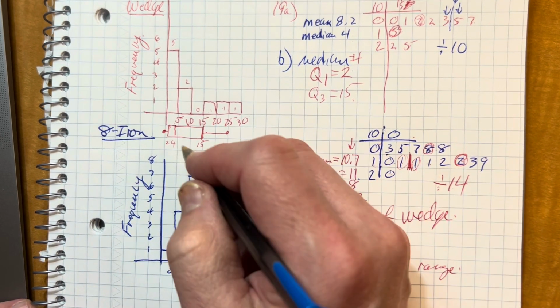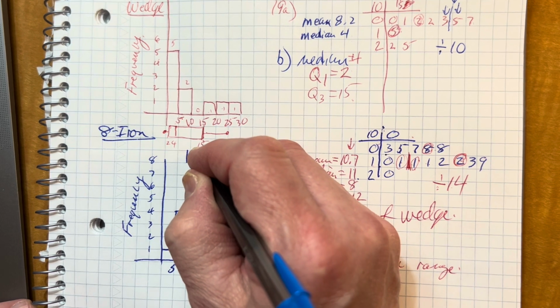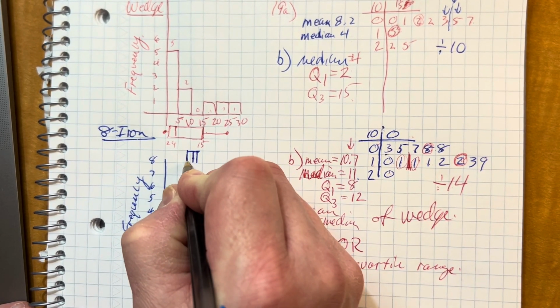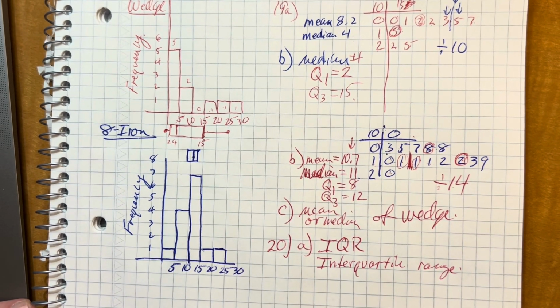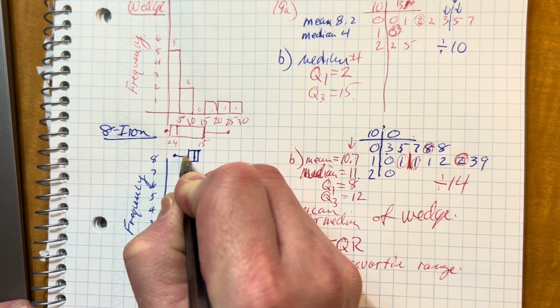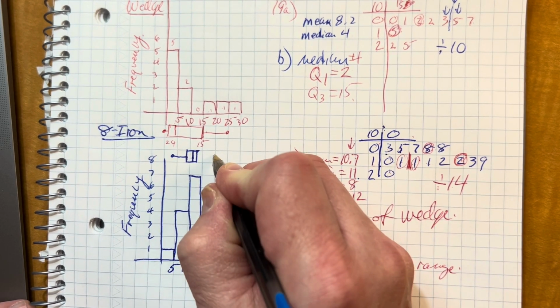And Q3 is 12. 11 to 12, that's only one spot away. There you go, there is my box. Boy, that's a tiny box. Now my lowest number was 3, so I'm going to extend this down to here. And my highest number was 20. So that goes right there.